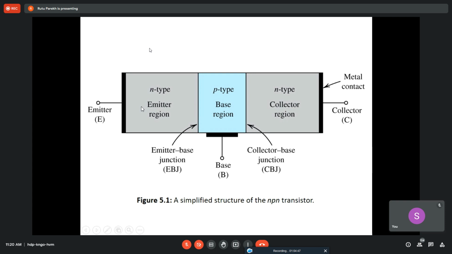Emitter, from the name you can understand that this is going to emit. If it is N-type, the majority of the carriers are electrons. Similarly, this is hole and again electron. And here the current moves from here to here and here to here, but the majority emitter is a pool. It is emitting electrons. Okay, so it is an emitter.